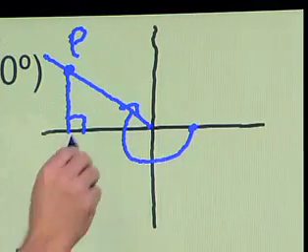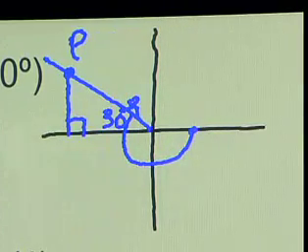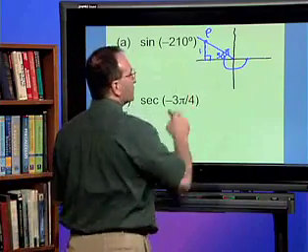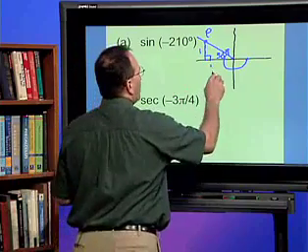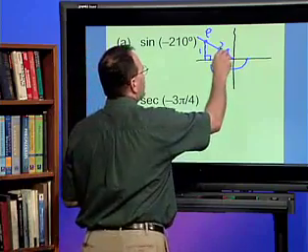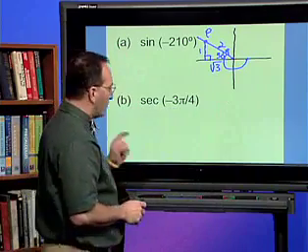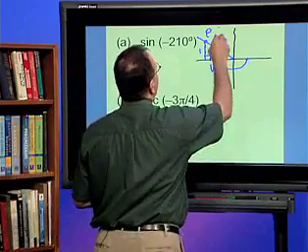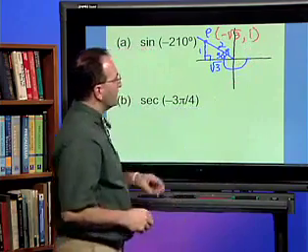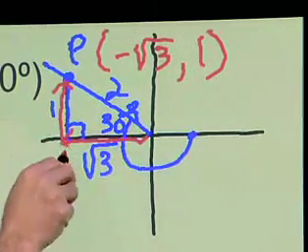In particular, this angle inside here is 30 degrees, which means it's my 30, 60, 90 triangle. In that case, we know that the shorter side is 1. We know that the median side is the square root of 3. And r is equal to 2. Now, the point P would be negative radical 3, comma 1, as determined by the sides of the triangle, right?